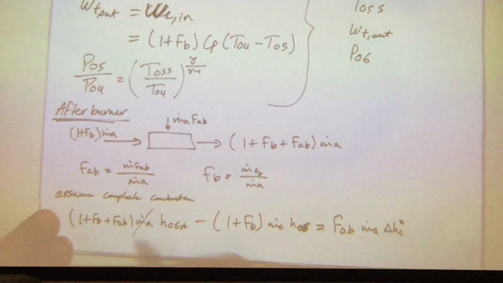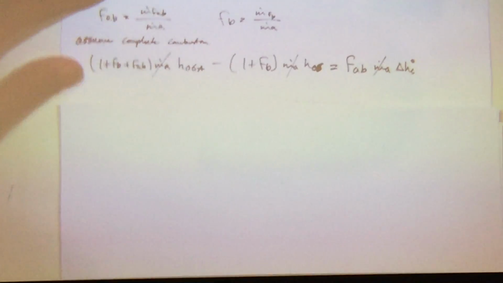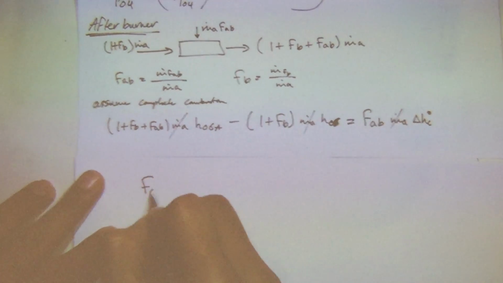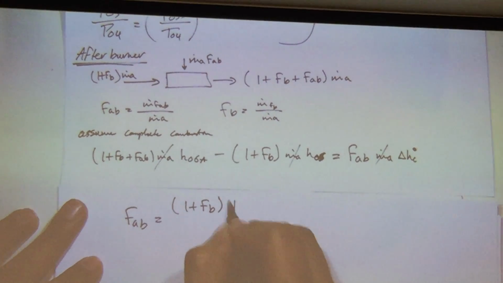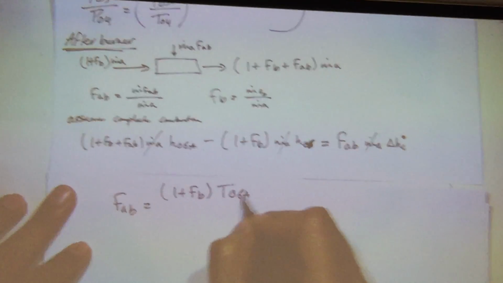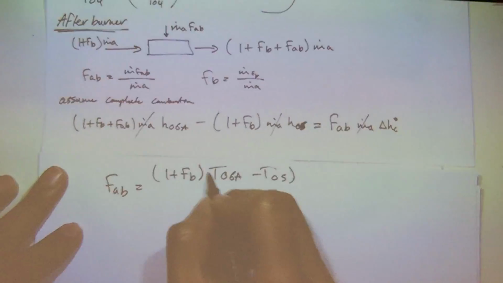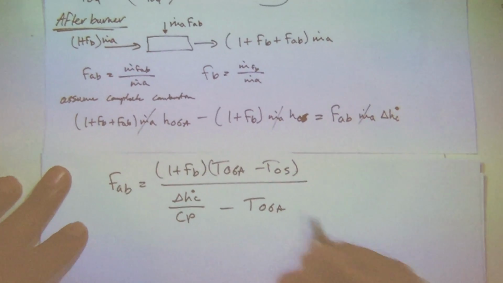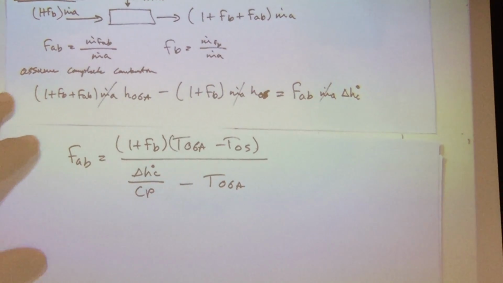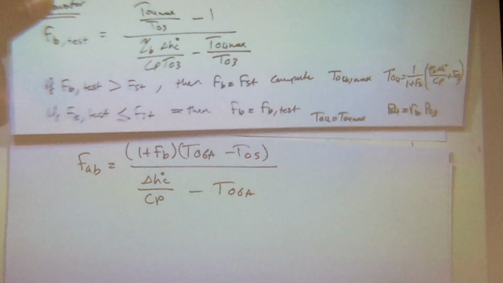So from that, this cancels out, this is canceled out, this is canceled out. Rearranging the terms, what we get is f_ab is equal to (1 plus f_b) times (T_O6 actual, or you could just write it T_O6 of the afterburner, minus T_O5) divided by (heat of combustion over c_p minus T_O6 of the afterburner). You'll notice this equation looks very similar to the combustor equation that we've done before.